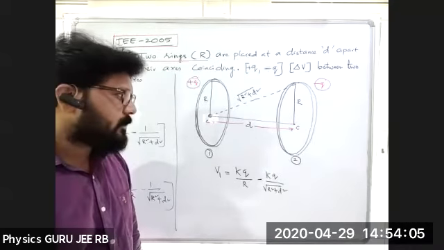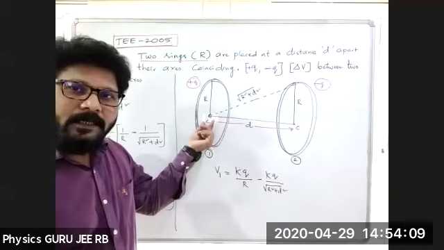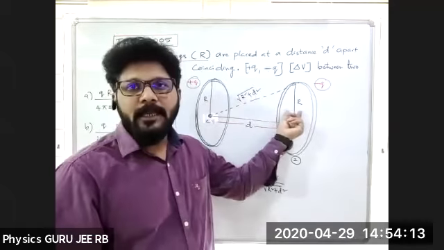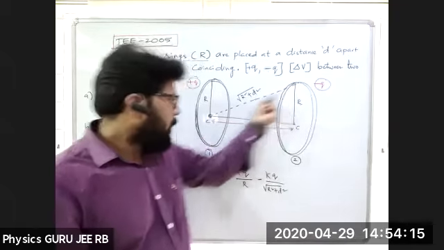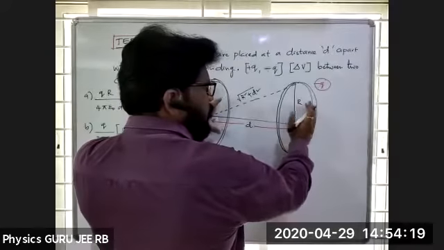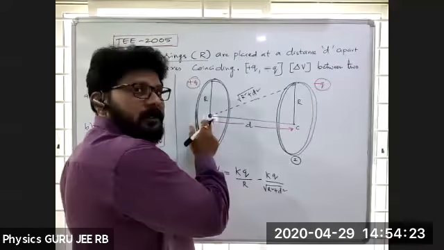Yes or no, tell me quickly. Due to the first ring at the center, and due to the second ring, one more potential will be there, because due to this axial line, one potential will act at this same point.